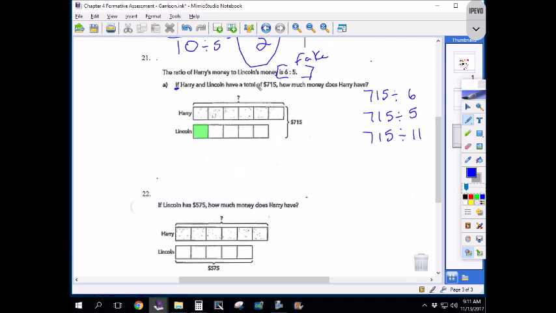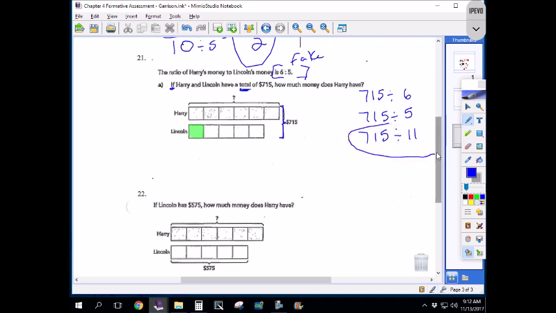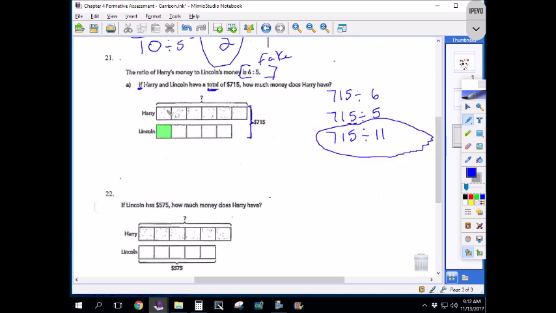Okay? Since this is their total money, and they have a total of 11 squares, and as you can see the little, what do you guys call this, the teacher squiggle or something? That's what you guys called it. Okay, the teacher squiggle is representing both bars. We know that we have to do the 715 divided by 11 because there are 11 total of them, which I think gives us 65 in each one, right?